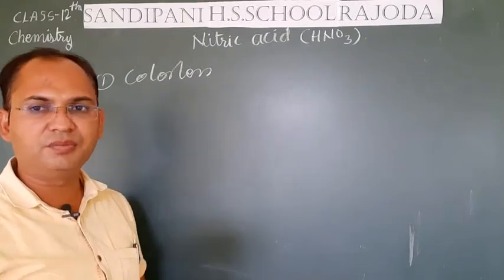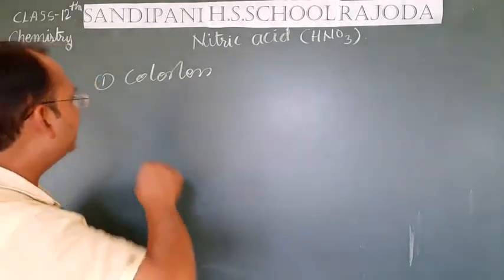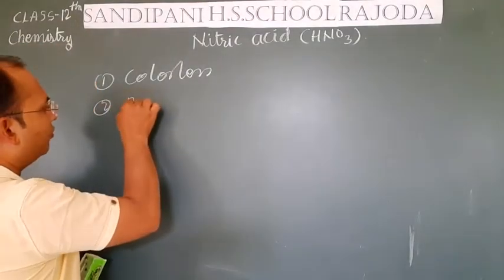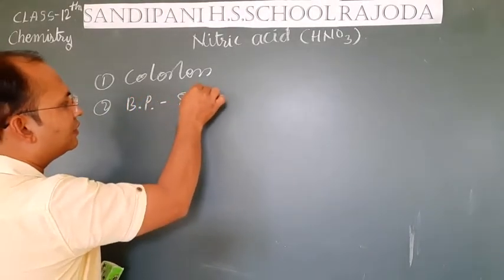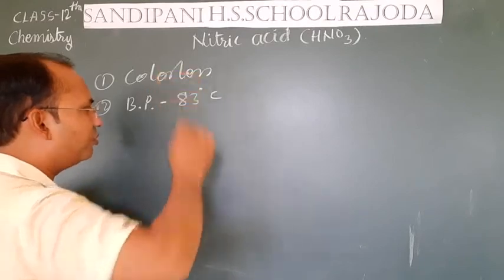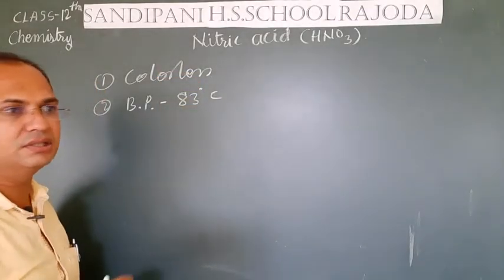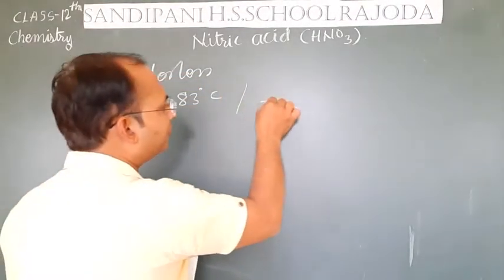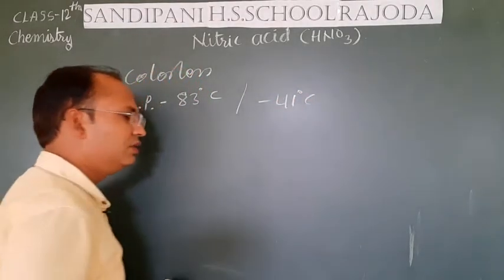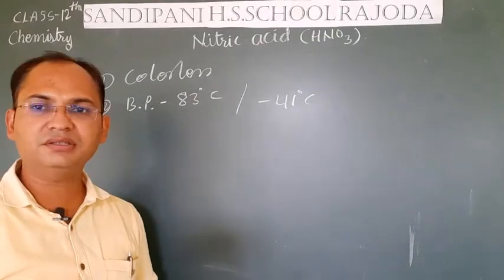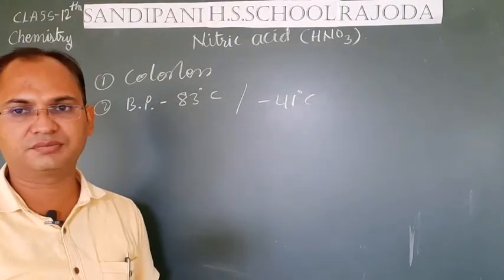Second, its boiling point. The boiling point of nitric acid is 83 degrees Celsius. It boils at 83 degrees Celsius and its freezing point is minus 41 degrees Celsius. It solidifies at minus 41 degrees Celsius.